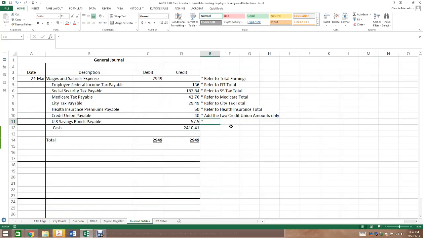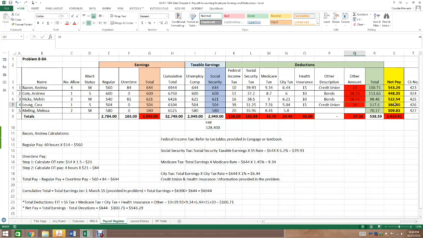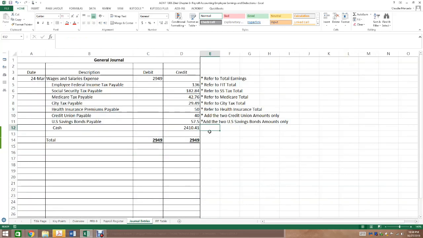For the savings bond, you're going to add the two U.S. savings bonds amounts only. Okay? And then your cash is going to be your net pay. Okay? So that is how we got all of those numbers.